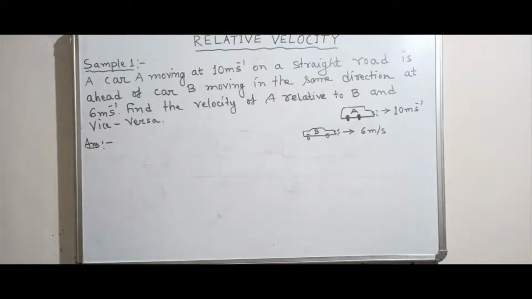So we have drawn the situation. A is ahead, moving ahead, B is behind. A is actually traveling with 10 meter per second and B is traveling with 6 meter per second.